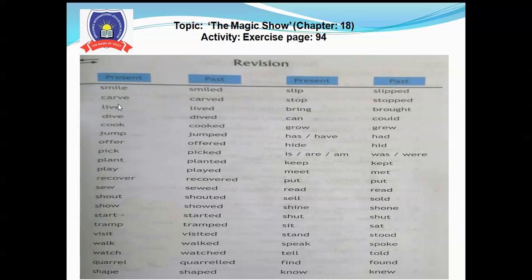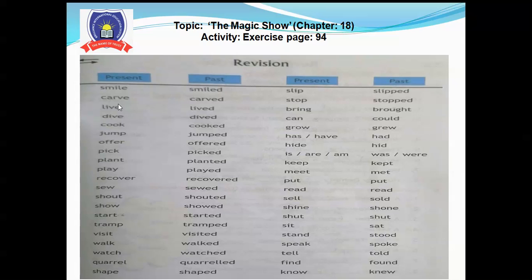Play, played. Meet, met. Recover, recovered. Put, put. Sue, sued. Read, read. Shout, shouted. Sell, sold.